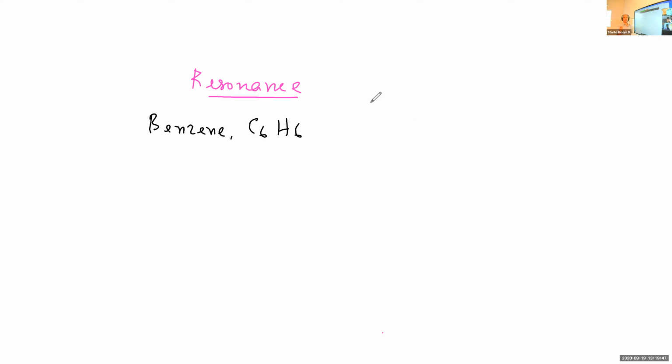It is a ring compound. There is a ring of 6 carbon atoms, like this: carbon, carbon, here also carbon, and the 6th carbon. So it is a cyclic compound or a ring compound. In a cyclic compound, there is ring closure between atoms.